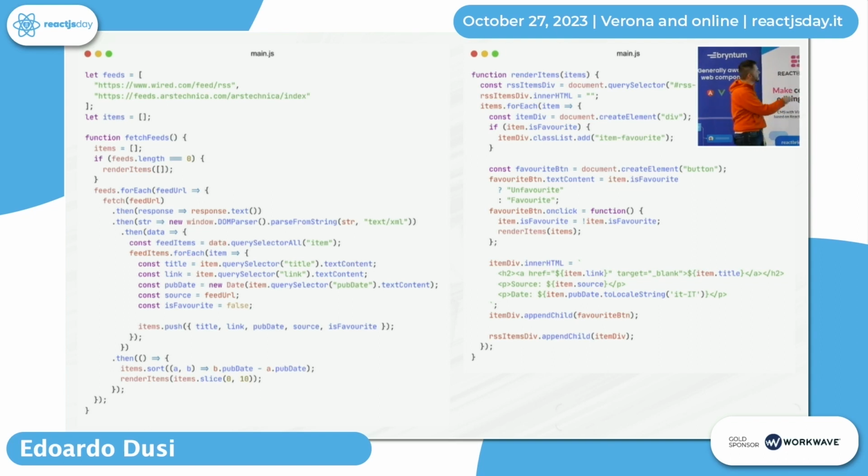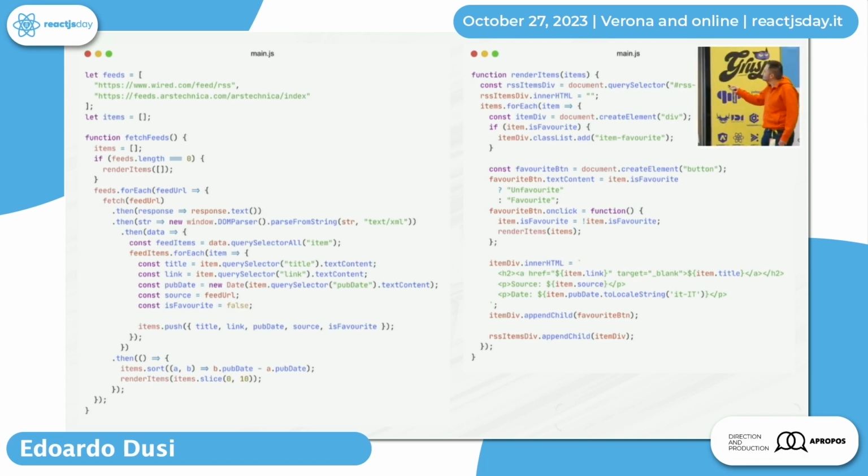It works, okay? So I'm fetching my feed, and then when I fetch the feed, I just push feeds into my items, which is an array declared, okay? And when I finish fetching, I just call this function, render items, my rendering function. So let's see what render items is doing.